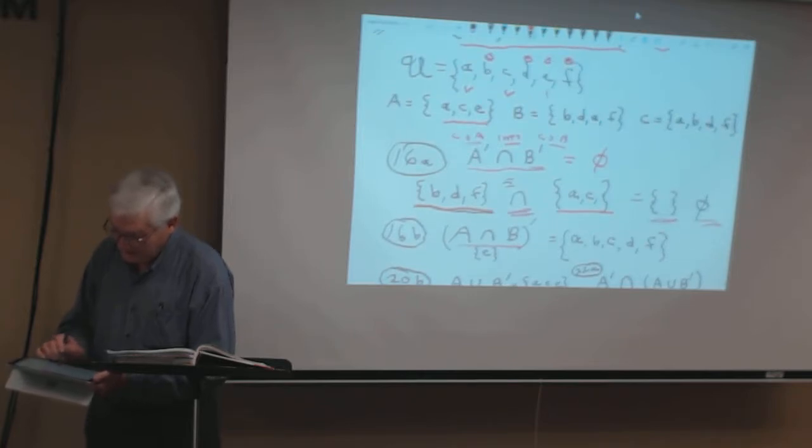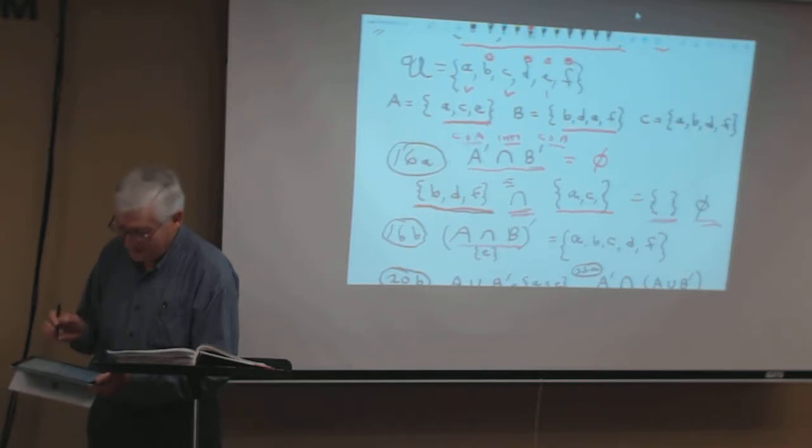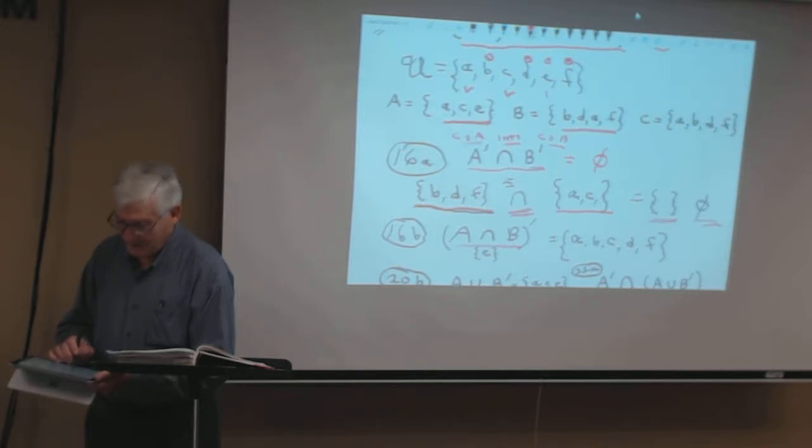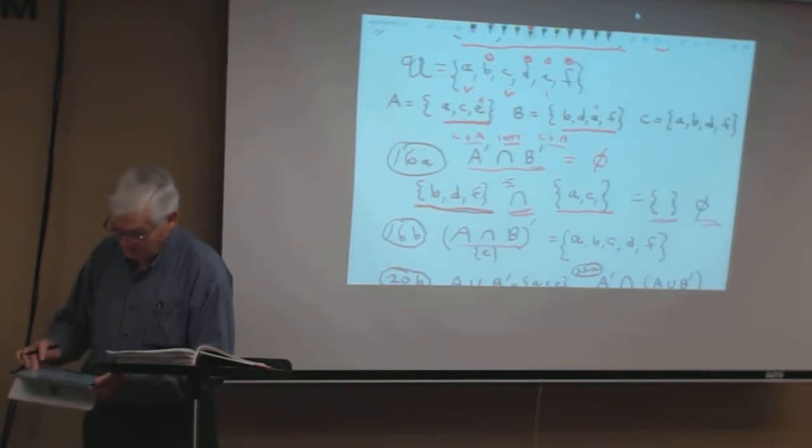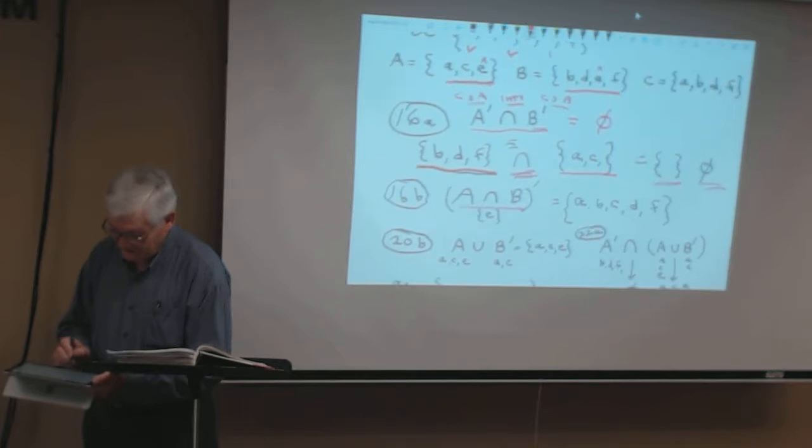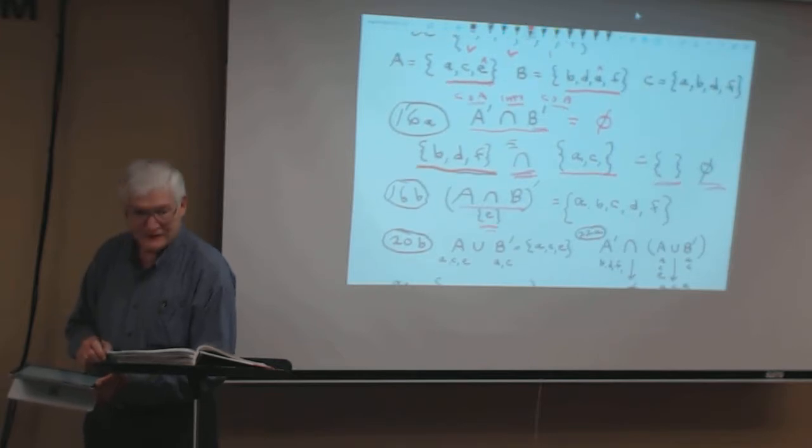Here's A, here's B. Where do they intersect? What do they have in common? What elements of A are also elements of B? There's only one, isn't it? E. So the intersection of A and B is the set whose element is E.